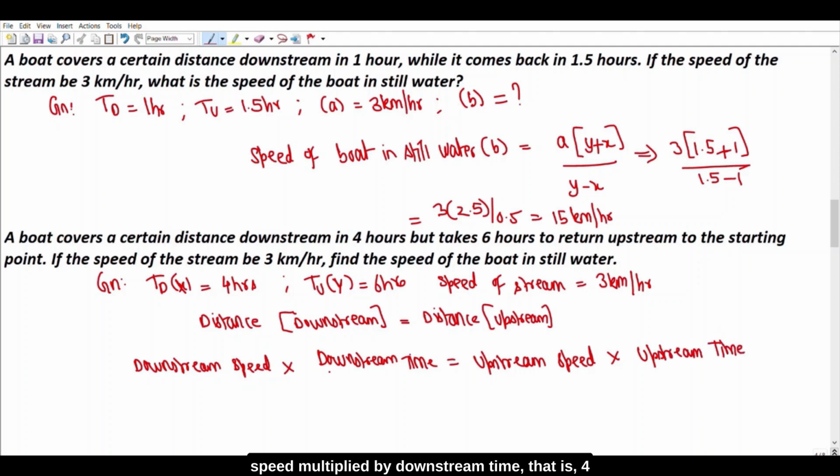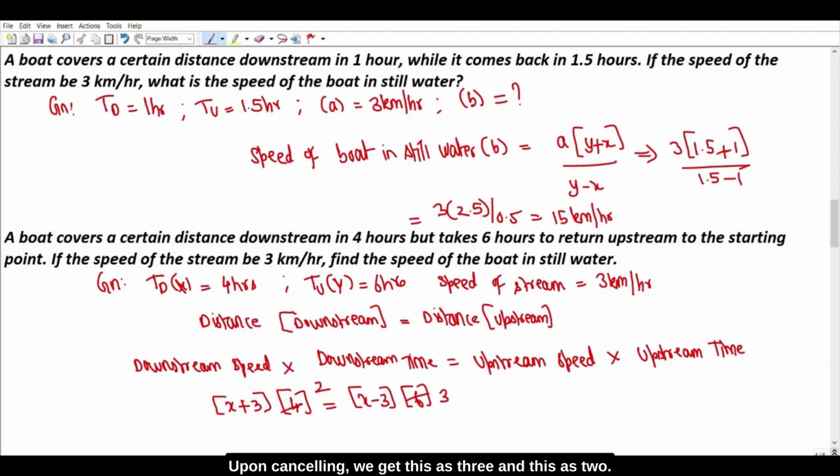We know the necessary values. Upon substituting, downstream speed will be x plus 3 multiplied by downstream time, that is 4 hours, which is equal to upstream speed, that is x minus 3, multiplied by 6 hours. Upon cancelling we get this as 3 and this as 2.